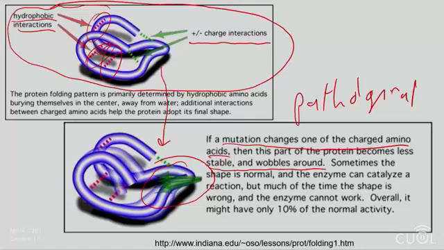So they will go into that high energy state as long as they can return back to their low energy state, their native conformation, right? But if they get stuck in that wobbly state, that protein, as it says here, might have only 10% of the normal activity, so it loses functional activity, and sometimes there's a toxic gain of function.